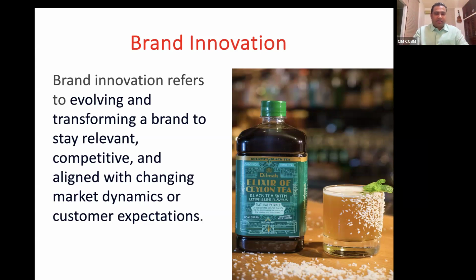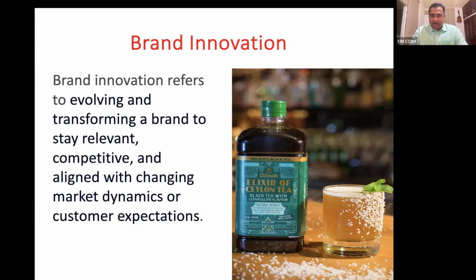Now, look at this example. This was actually an example that I personally saw when I went to the Dilma store in Colombo 7, Sri Lanka, for a Dilma cocktail. I saw this black tea extract, lemon and lime flavored black tea.